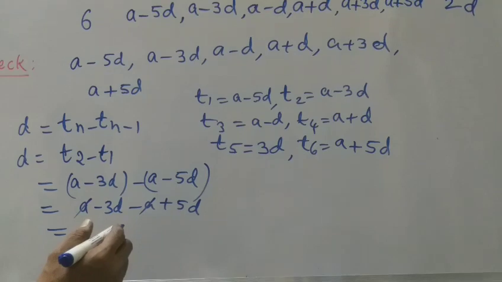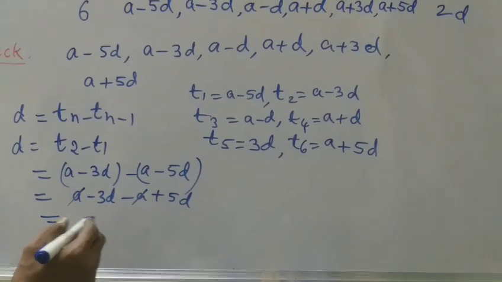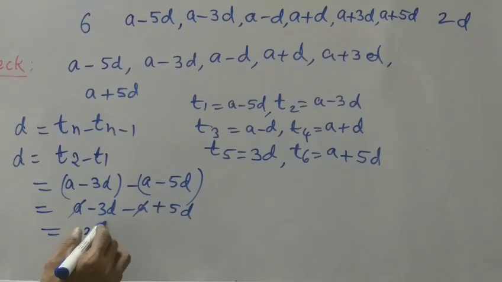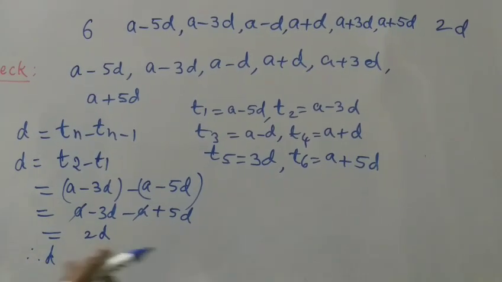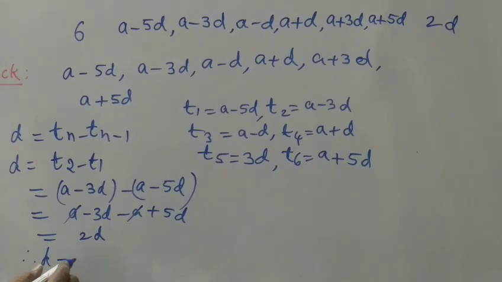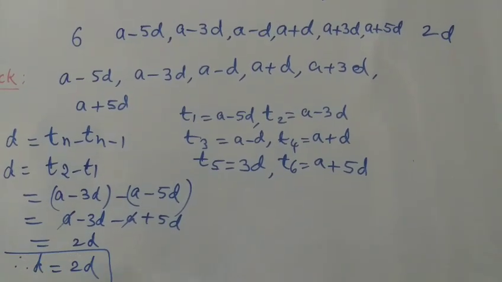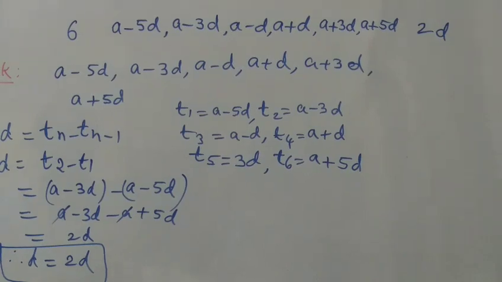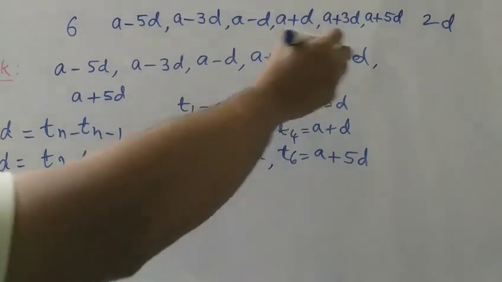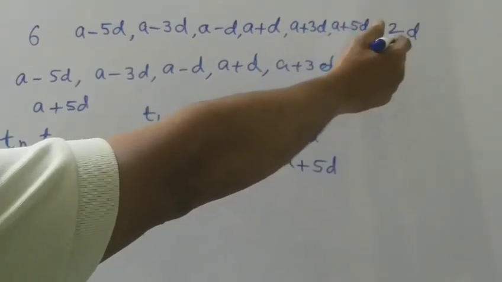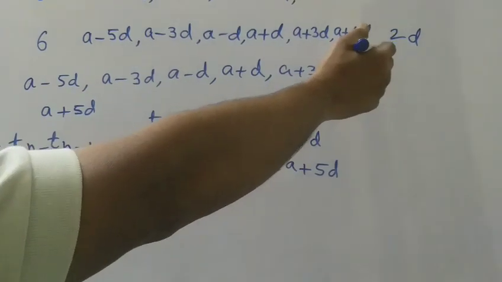You have to subtract 3d from 5d, that is 5 minus 3d, that becomes 2d. So therefore the common difference is 2d. Like this, you have to take any two terms, you will get the common difference is 2d. Take the difference between any two of these terms, you will get compulsorily 2d.